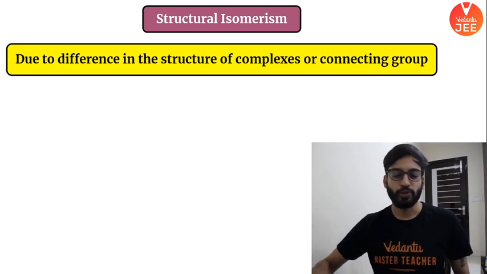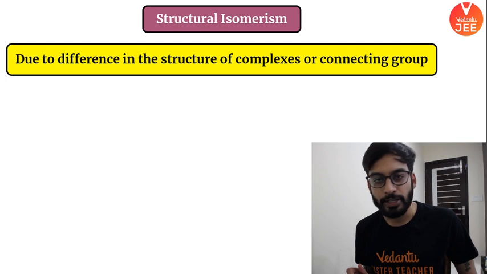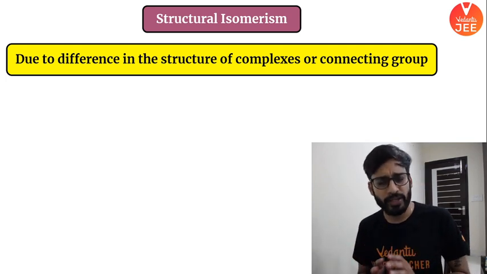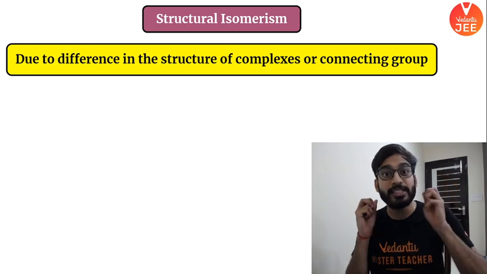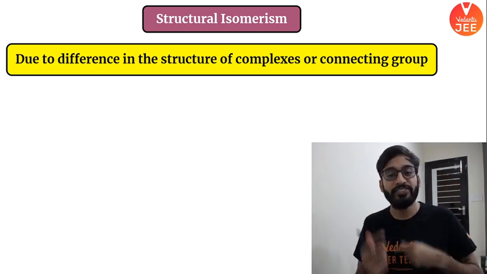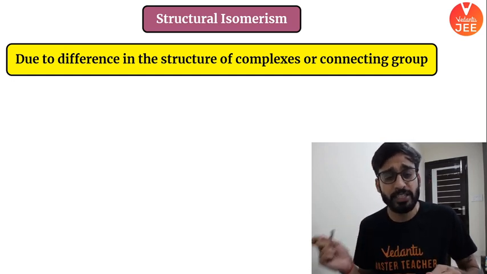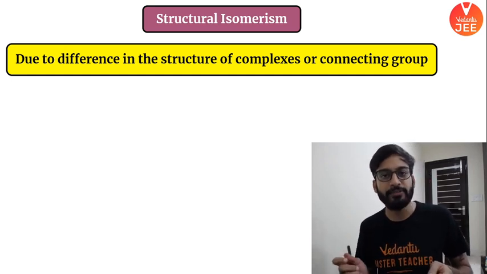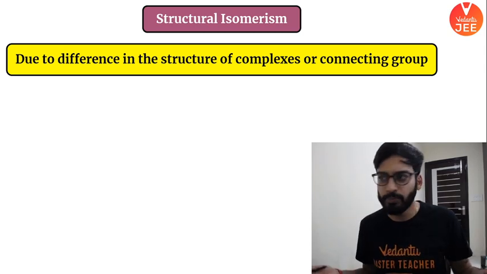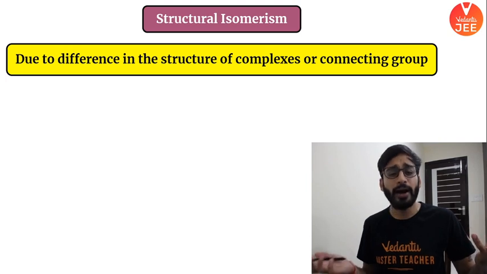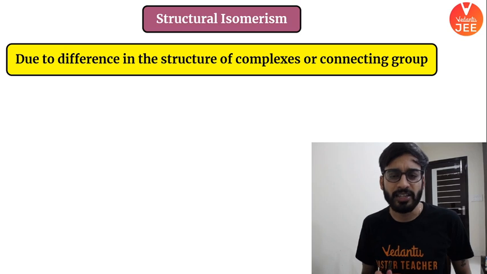ठीक है जी, अब सुनो. स्ट्रक्चरल आइसोमेरिज्म अब हम डिटेल में पढ़ रहे हैं. We are starting structural isomerism in detail. So what is isomerism? When you see two compounds having the same molecular formula but different connectivity of the ligand with the metal ion, giving you two different structures altogether, you will say it is structural isomerism, right?